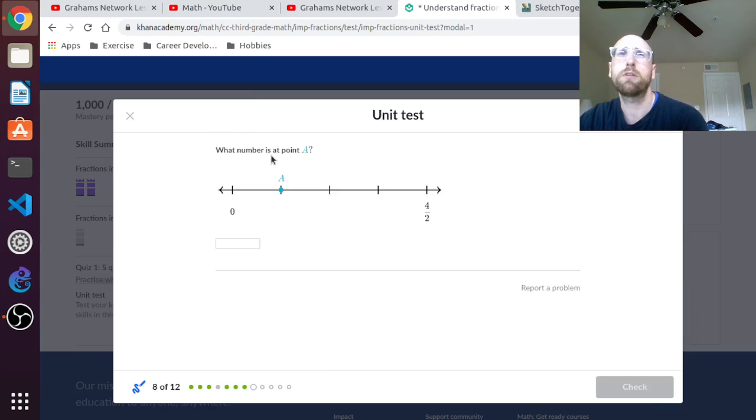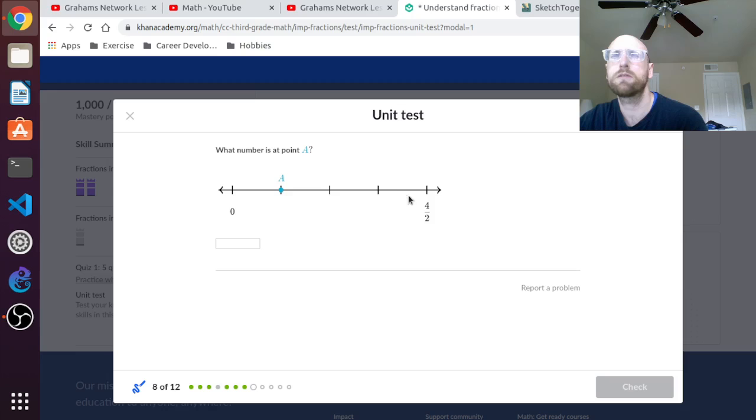At what number is point A? Okay, so we know that this is halfway to this, so if we divide this by 2, we know what number this is. So we've got 2 over 1 would be the answer to that. So this is wait a minute.